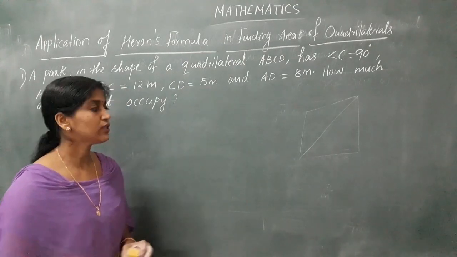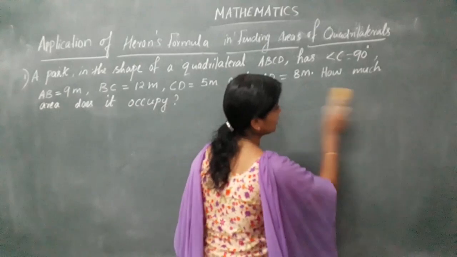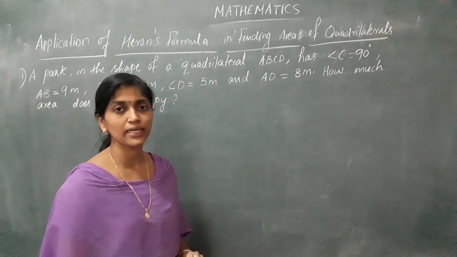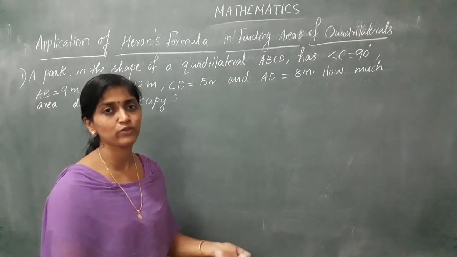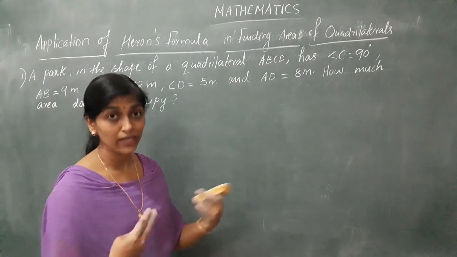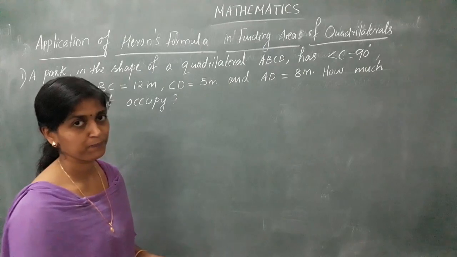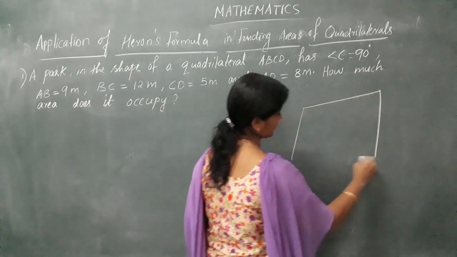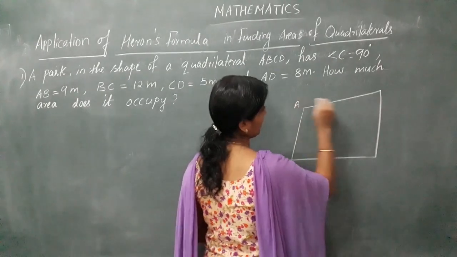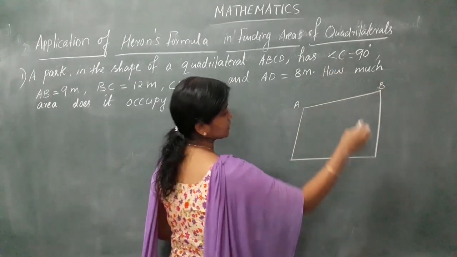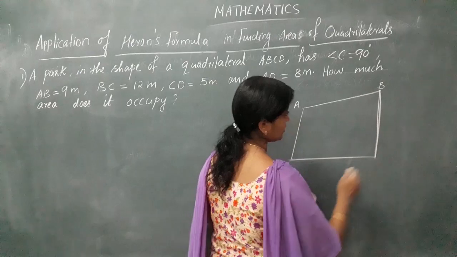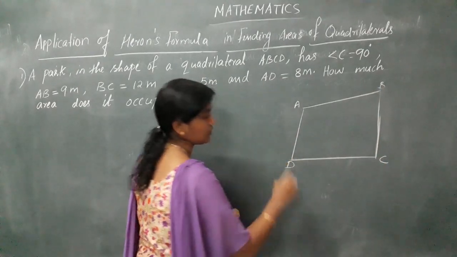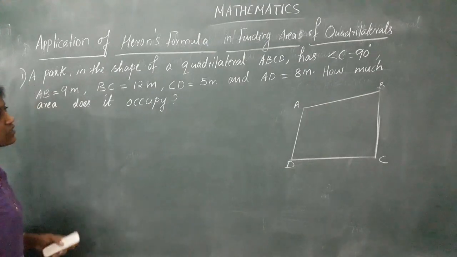Clear? For that, first I am going to draw the quadrilateral ABCD and represent all the measurements in it, so that I can understand what is given and what we have to do to find the area. So first draw the quadrilateral ABCD: A, B, and since C is given as 90 degrees, take it as perpendicular, C, D. Then we will see what is given in the question.